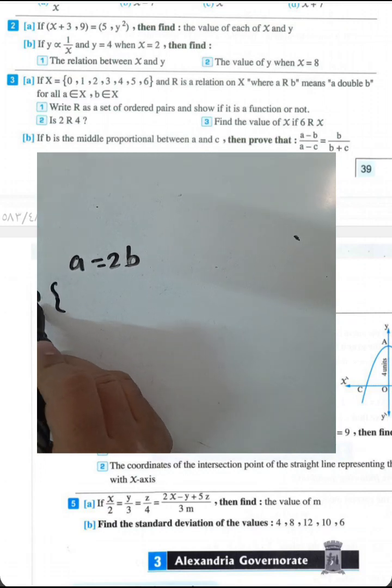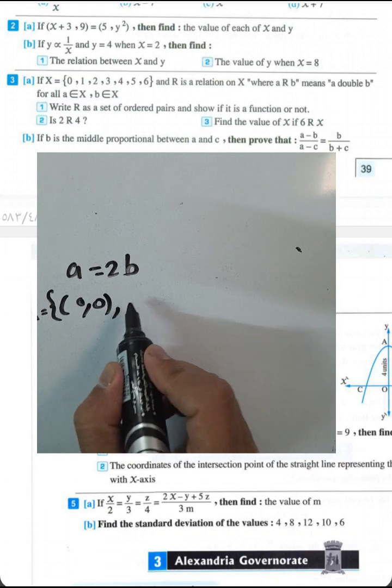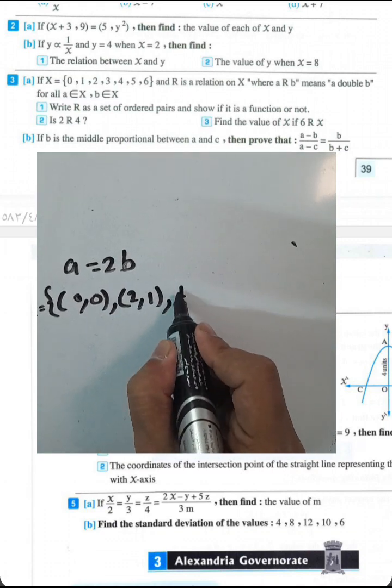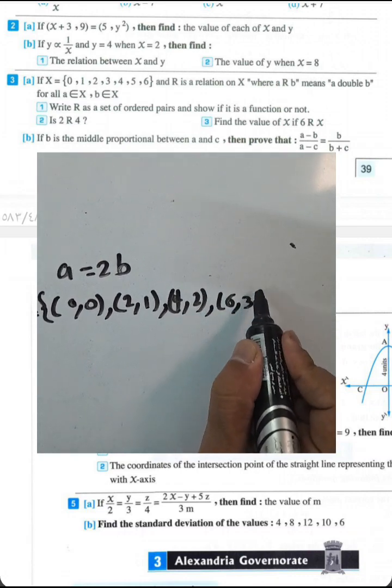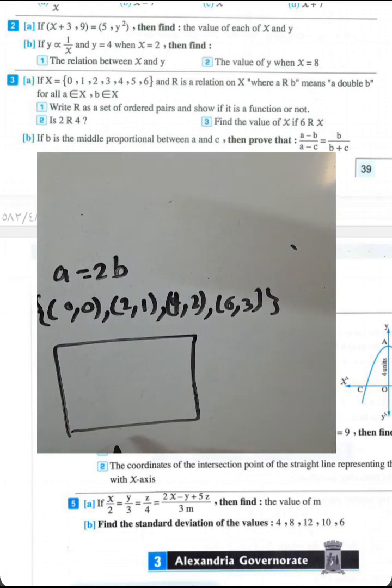We can write the relation first as ordered pairs: 0 double itself, and 2 double 1, and 4 double 2, and 6 double 3. Okay, we have this relation.